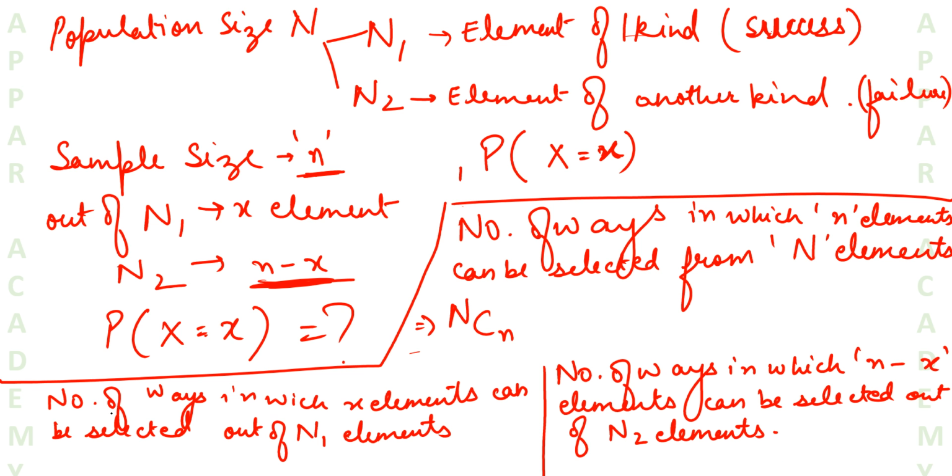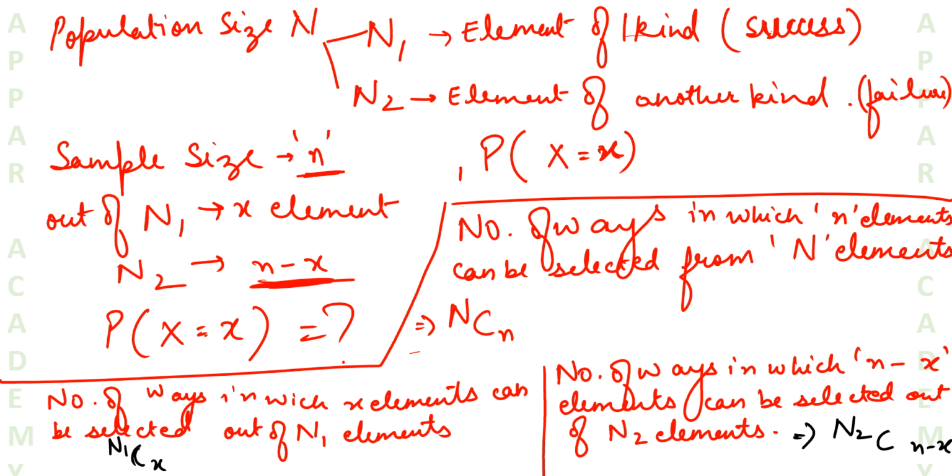So now, the number of ways in which x elements can be selected out of n1 elements is simply n1 C x, again the combination. And the number of ways in which n minus x elements can be selected out of n2 elements is simply n2 C n minus x.